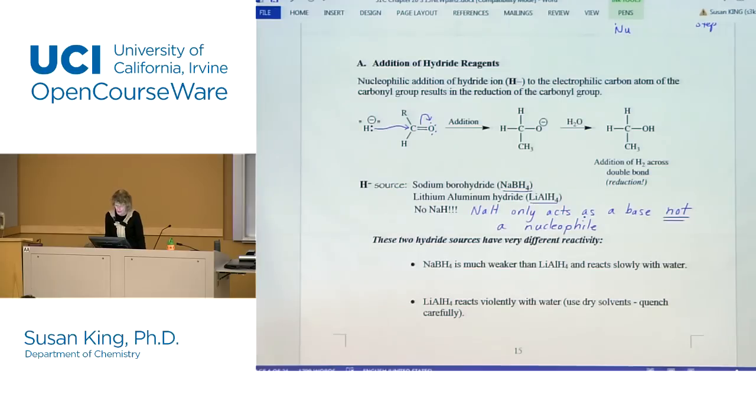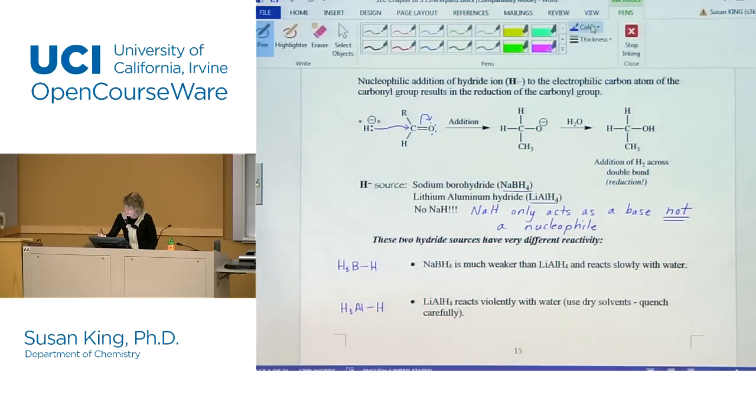All right, so these two hydride sources behave very differently. Maybe if we draw the structures, we can figure out why. Sodium borohydride has a boron-hydrogen bond. Lithium aluminum hydride has an aluminum-hydrogen bond. One way we can predict the relative reactivities of these two compounds is to look at electronegativities.